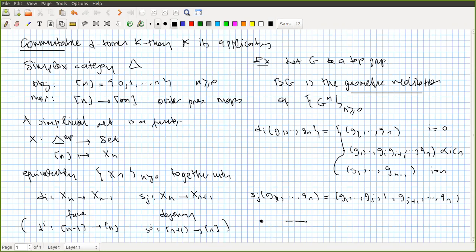And then you go to the one simplices, that will be an edge for each group element g. So these are one simplices. Two simplices are denoted by pairs of group elements. So this is like a triangle. So it's a 2 simplex, 1 simplex, 0 simplex.